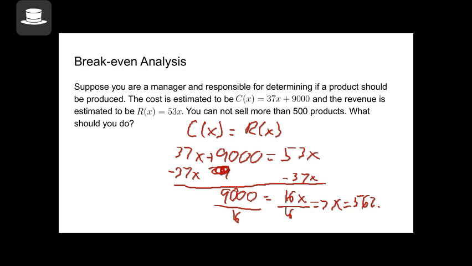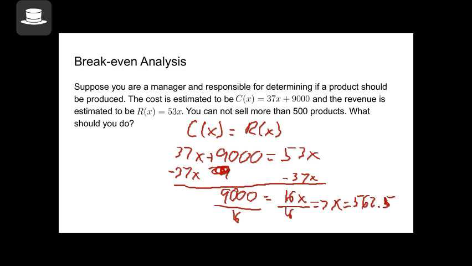So when I sell 562 and a half of those, which can't really happen, so 562 of them, then I would officially be breaking even. If I sold 563, I'm at a surplus, or a positive profit.